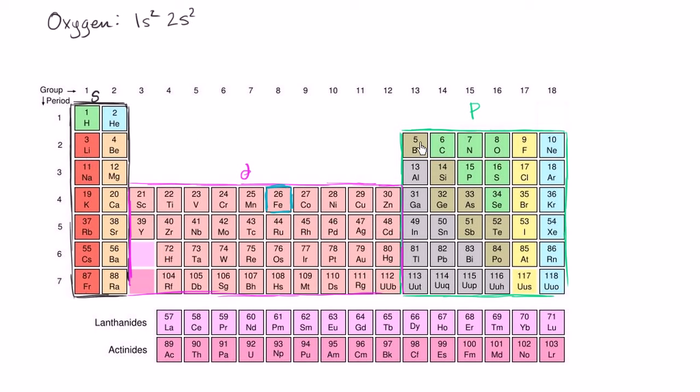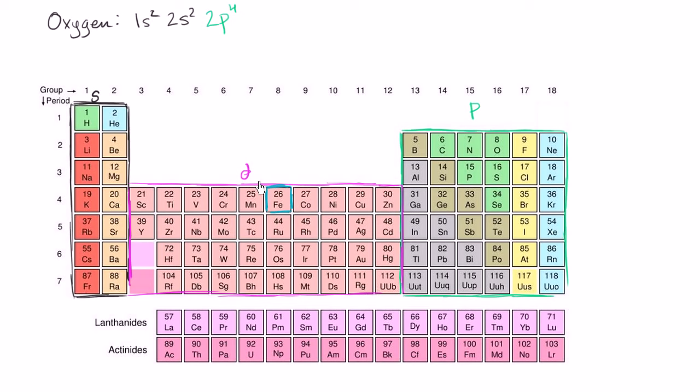And now you're going to have 1, 2, 3, 4 electrons in the 2p subshell. And how did I know it was 2p? I'm in the second period, the second row of the periodic table. So 2p4. So 1s2, 2s2, 2p4.